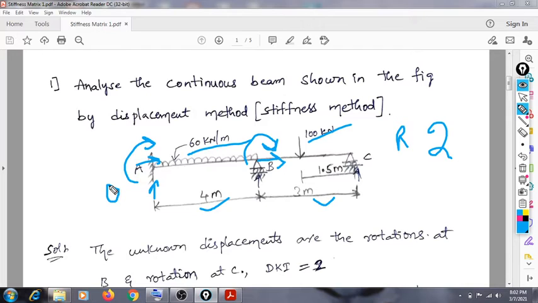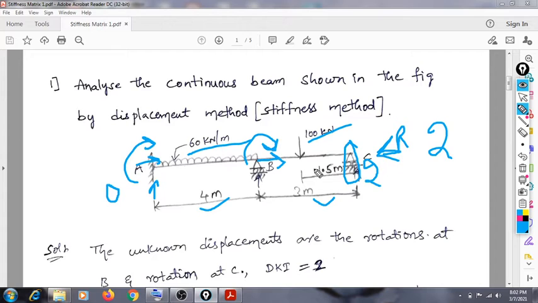For a fixed support it is 0, whereas for a roller support we have 2 degrees of freedom, and here, as given in the problem, at C also this is a roller support and we have 2 degrees of freedom. So the degrees of freedom for an individual roller support will be 2, whereas for a fixed support it will be 0. But here we don't have any horizontal reaction or horizontal load acting on the given continuous beam.